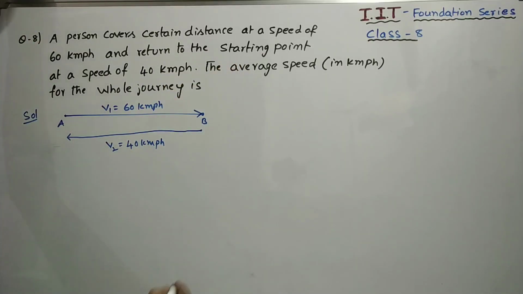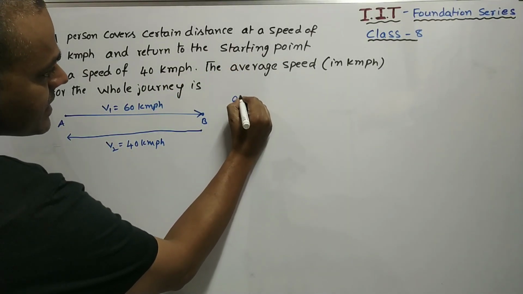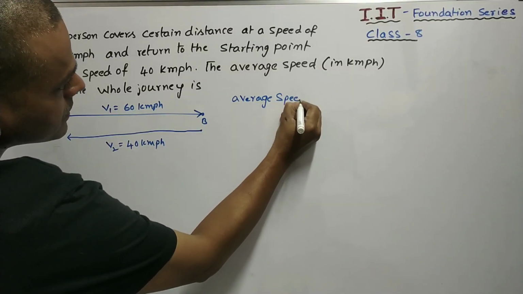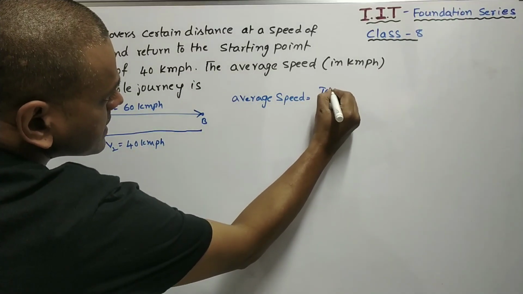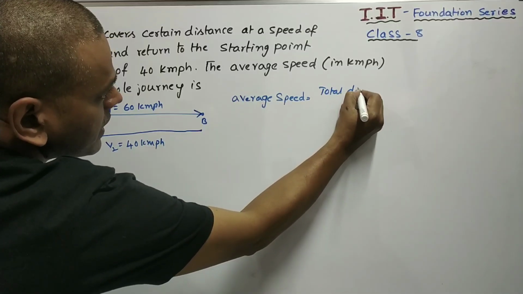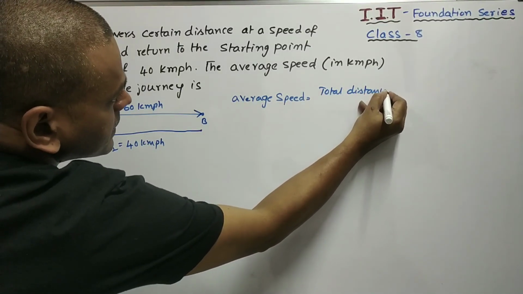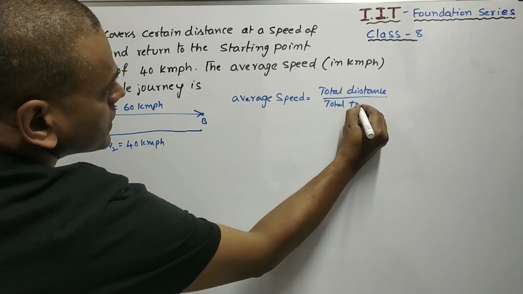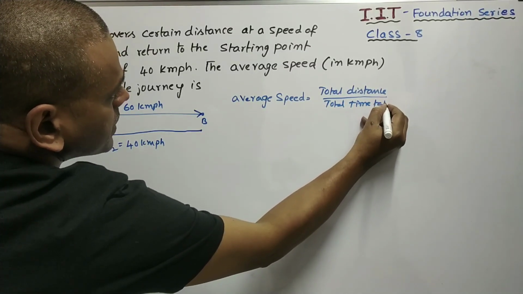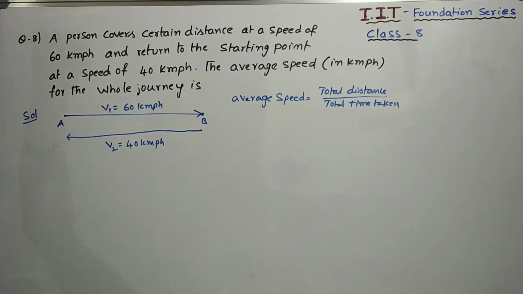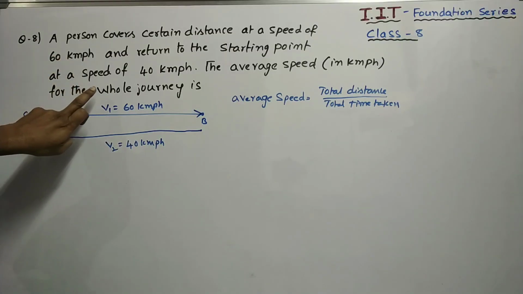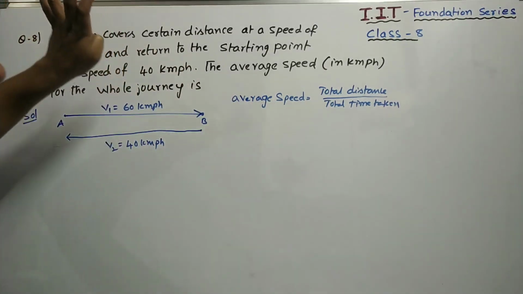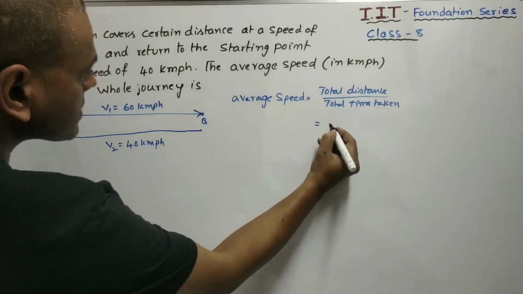So the average speed is equal to total distance traveled by the body by total time taken. Here, in this given question only velocities are given, so average speed may be converted in terms of velocities only.